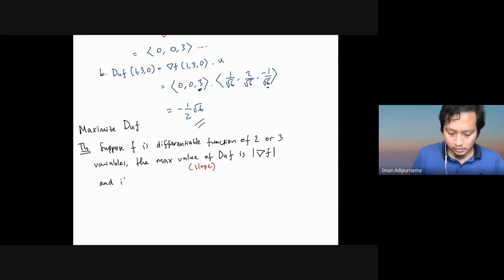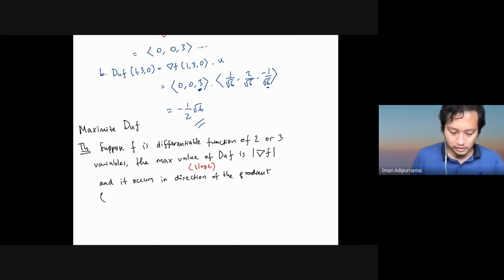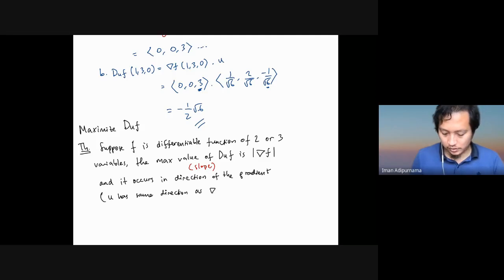and it occurs in the direction of the gradient. So meaning the unit vector has the same direction as the gradient vector.